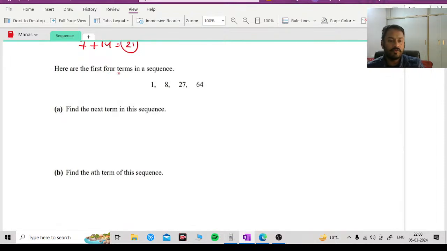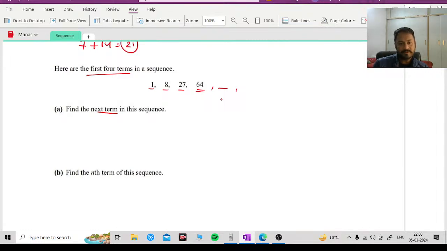Now here are the first 4 terms of the sequence: 1, 8, 27 and 64. Find the next term in this sequence. So what will be the next term? Let's see. Lovely, what is the next term?